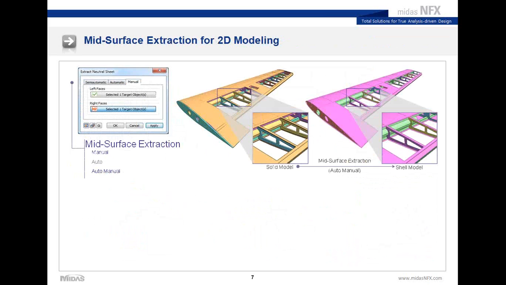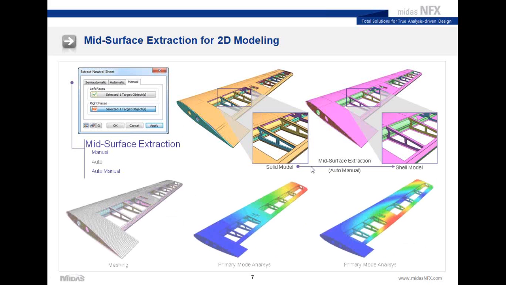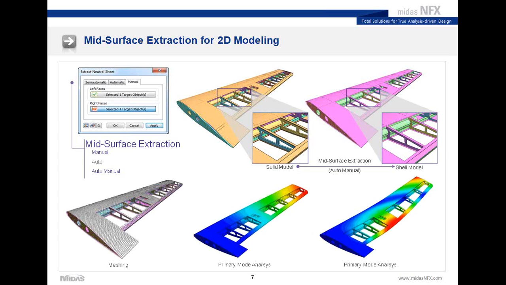And this is a new feature in Midas NFX 2013, which is mid-surface extraction for 2D modeling. So if you have a 3D geometry which is within the scope of performing analysis using a 2D mesh, you can extract the mid-surface out of those 3D geometries and you can build a 2D mesh on those mid-surfaces and continue with your analysis.